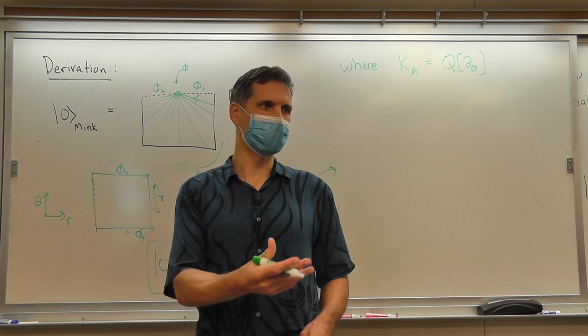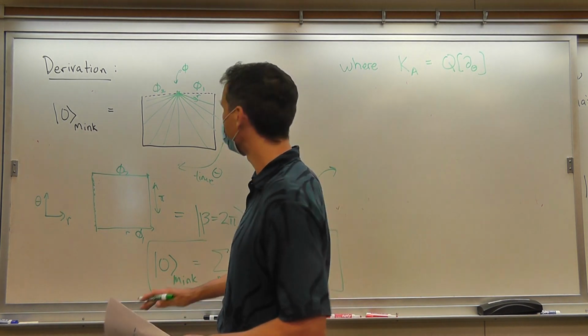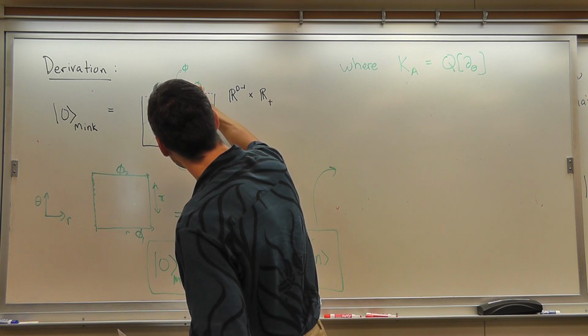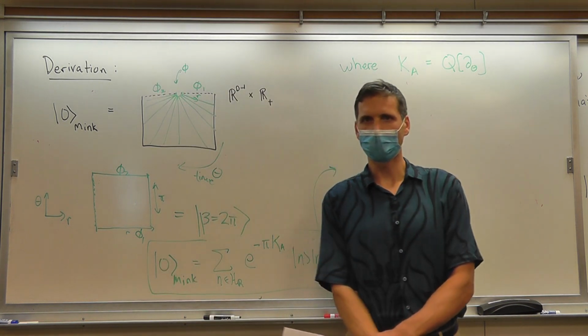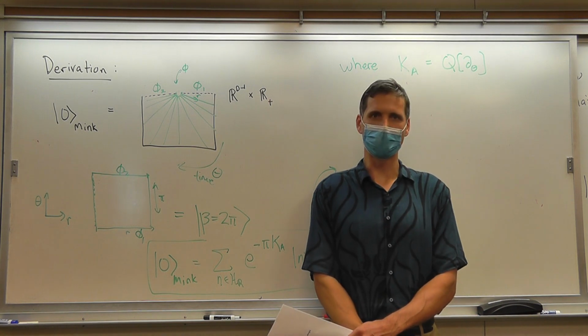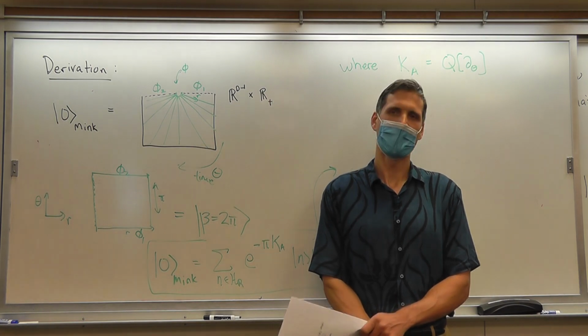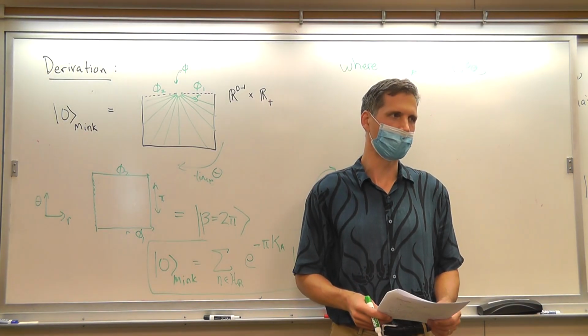And this comes back to this thing I keep sweeping under the rug about UV divergences and regulating in QFT. If you really want to make sense of this, you have to cut out a little piece of the manifold and regulate it like this and worry about boundary conditions there and any contributions that might have to your calculations. And when we actually do calculations, we're going to have to worry about that.